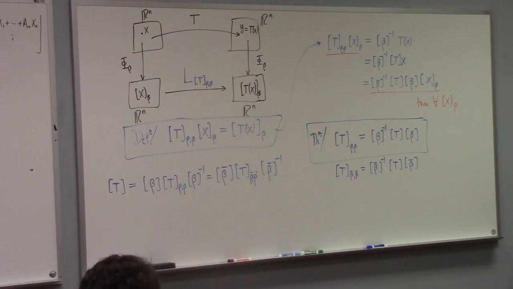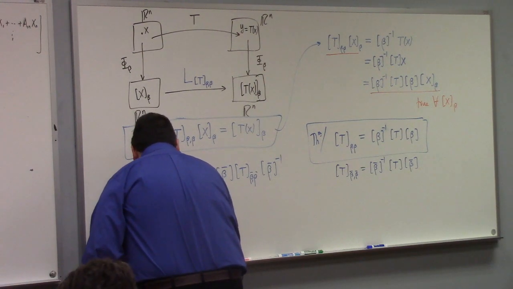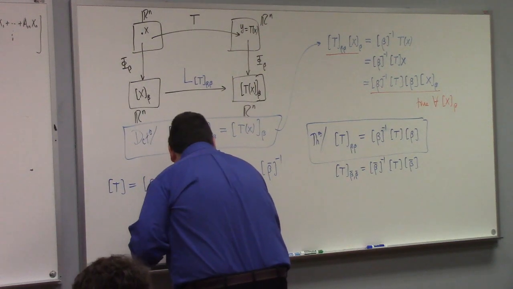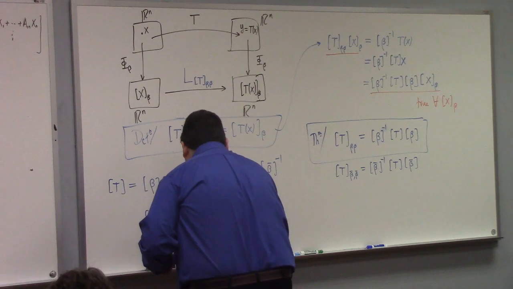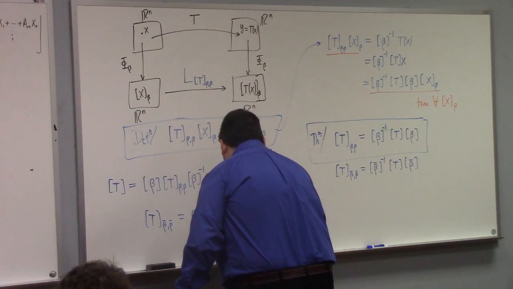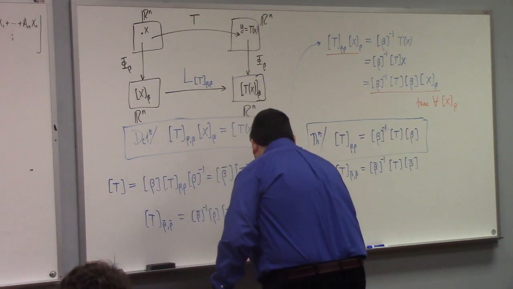Now let's solve for the bar one. The matrix of T with respect to the barred basis is equal to beta bar inverse times the matrix of T with respect to the beta basis, and then beta inverse times beta bar.